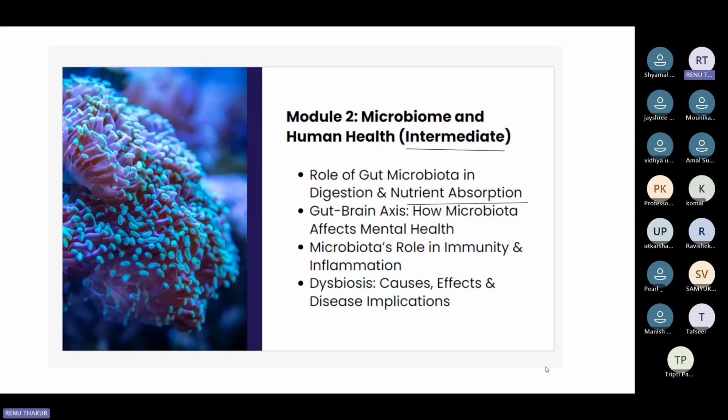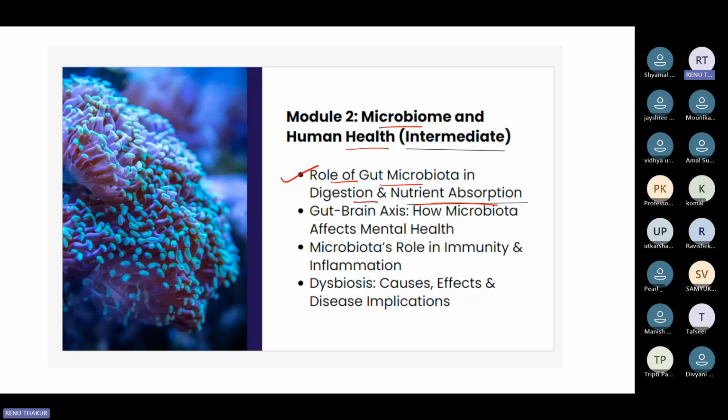So we have to start today the module 2, that is microbiome and human health, and we will just go into more detail because this is an intermediate level. We have gone through all the basics in the module 1, so we will start a little bit deeper and we will see what is going on. Firstly we will see this part, role of gut microbiota in digestion and nutrient absorption.